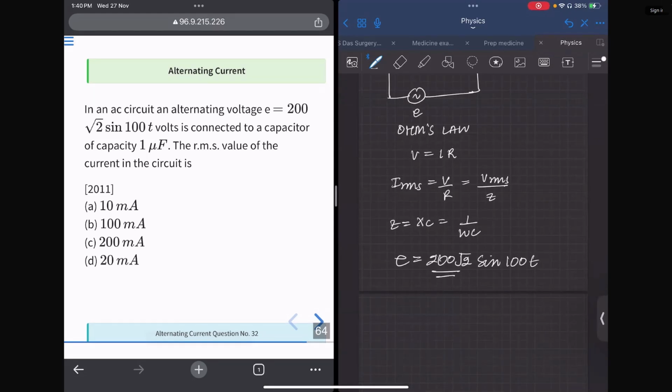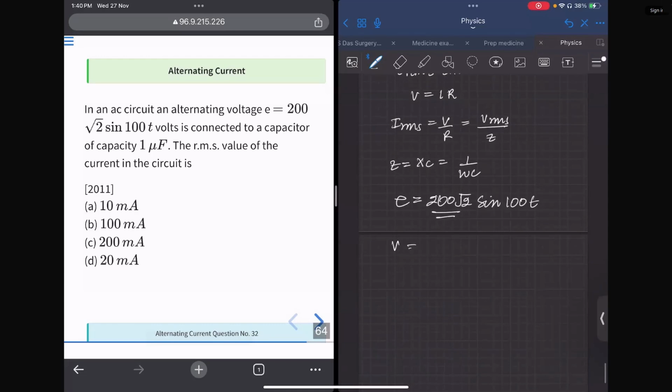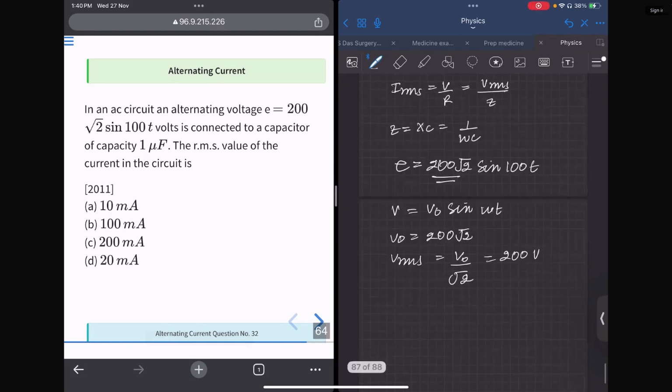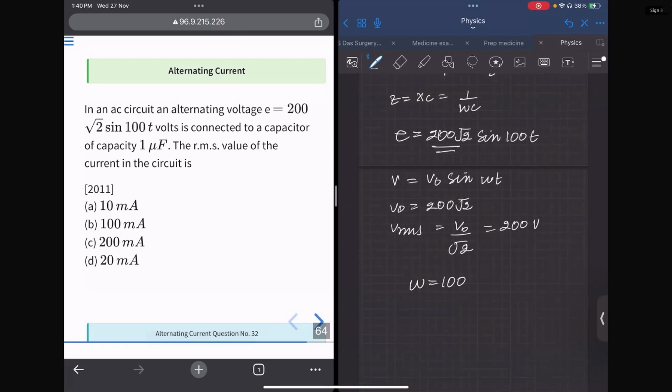For a normal representation, V is V naught sine omega t. So V naught is 200 root 2. V RMS is V naught by root 2, which is equal to 200 volts. And omega in this case is 100.